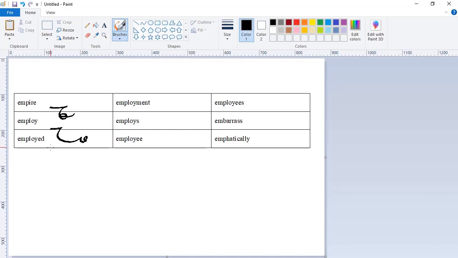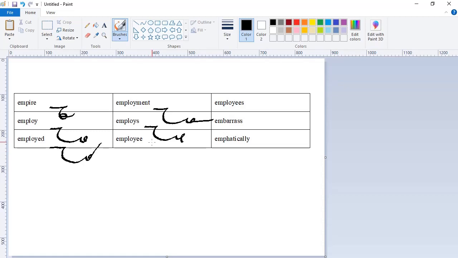Next, employed. M-P-L-O-E-D. Employed. Next, employment. M-P-L-O-E-M-N stroke. Next, employees. M-P-L-O-E-S. Employees.